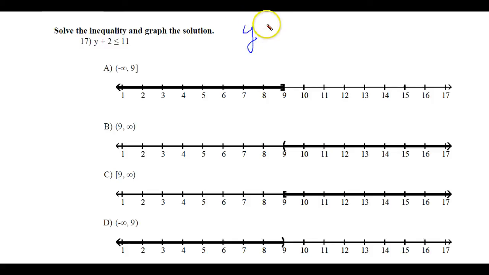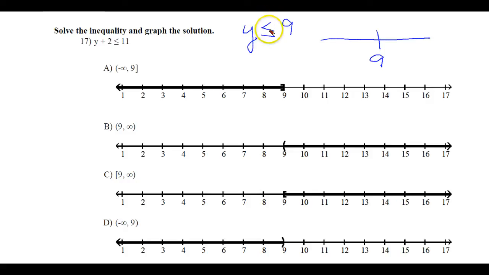Y will be less than or equal to, we're just going to subtract 2 from both sides, 9. So again, on a graph, our number is 9. What sign do we use here?